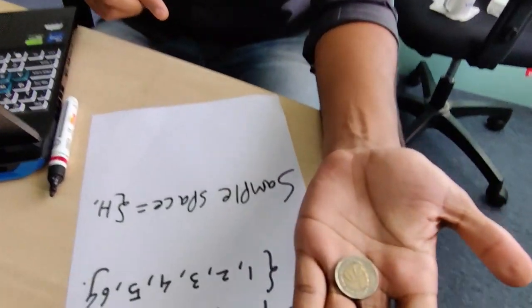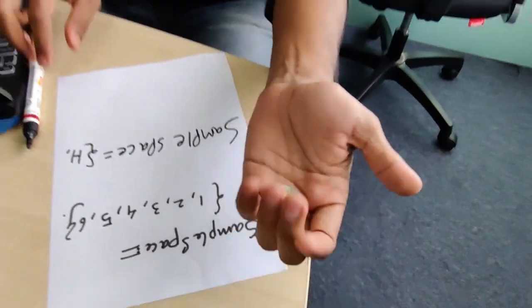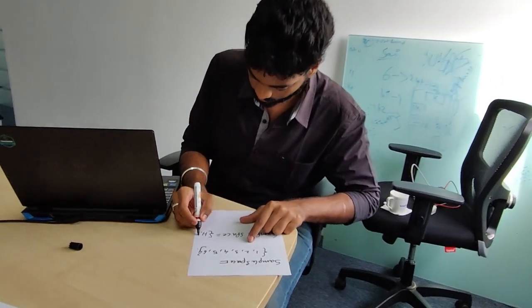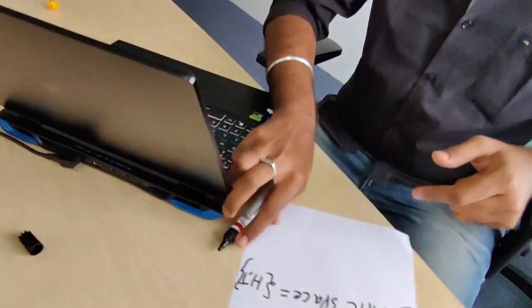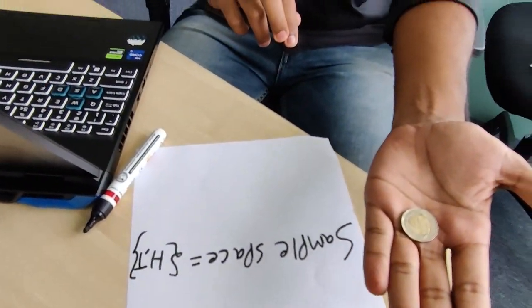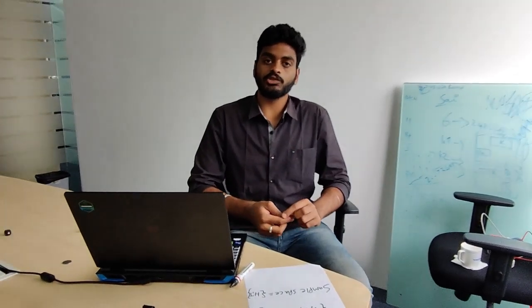We'll see for the second time. I got tails. These events are mutually exclusive, which means any one of the events can occur at a time. Both events cannot come at a time.